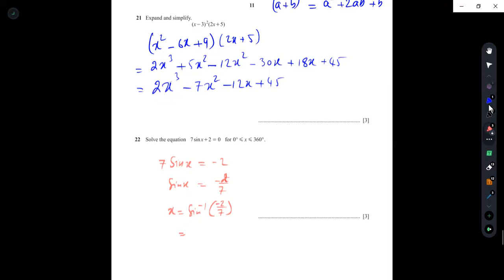So we have got negative 16.601, so I can write 16.6 degrees.